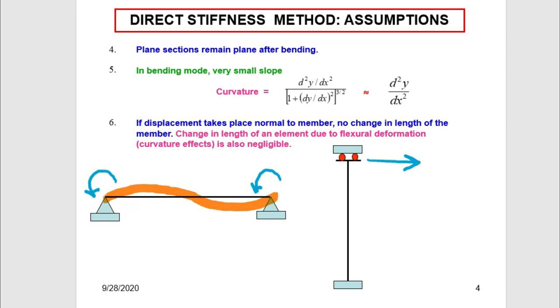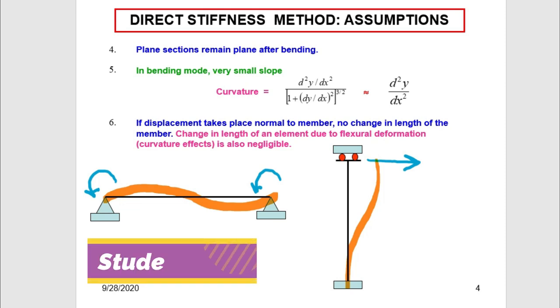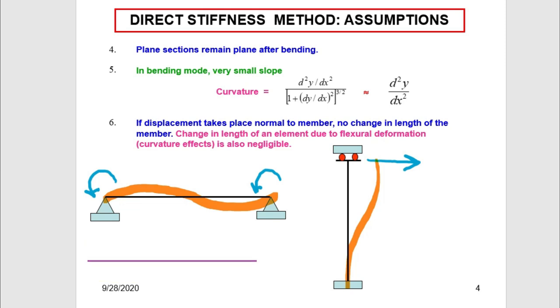Let's say we have a guided roller, for example, and we apply a force normal to the length of the member so that the member undergoes displacement. Now, what is your observation? Is there any change in length? Our assumption is that there is no change in length if there is any displacement normal to the axis of the member. So these assumptions are very important so as to decouple the axial force from the moment. So axial effects and bending moments are independent.